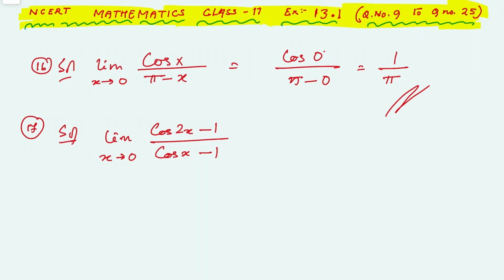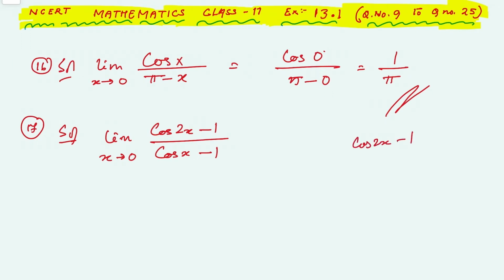Okay, so now you see, we know cos twice x is equal to 2 cos square x minus 1. Okay, now replace this cos twice x by this. So if you do so, then what will happen? So let me simplify here.